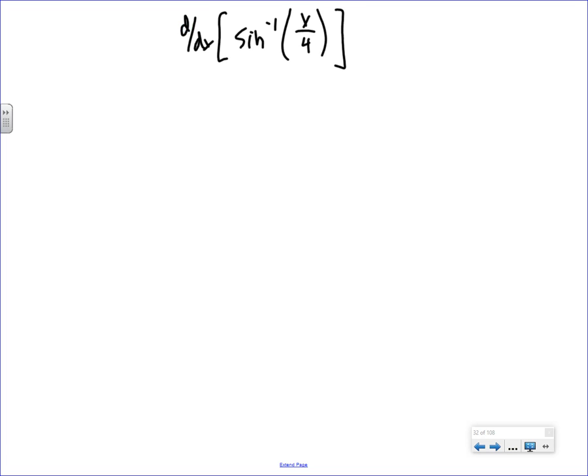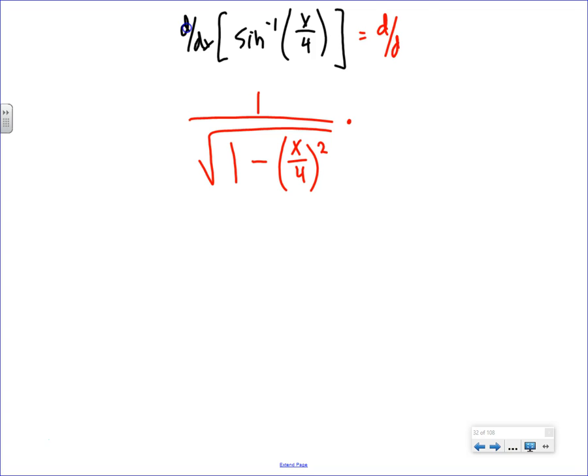Every integral rule comes from a derivative rule, right? What would I do to take the derivative of sine inverse of u? You have to remember your derivative rule. It's 1 over the square root of 1 minus u squared, times u prime.